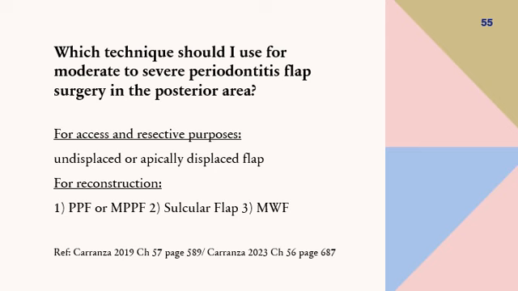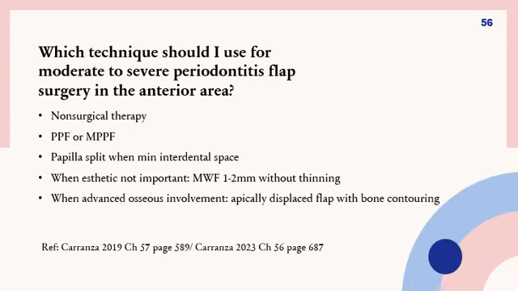In the anterior area, because it is important aesthetically, usually the first choice is not using surgery at all and resolving the problem by non-surgical therapy, but sometimes it's not possible and we have to use surgery. In those circumstances, your first choice is going to be the papilla preservation flap or the modified papilla preservation flap.